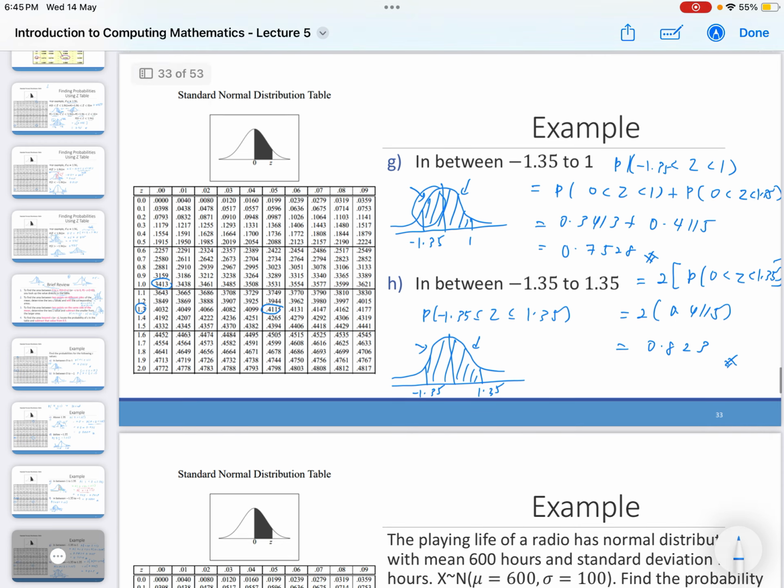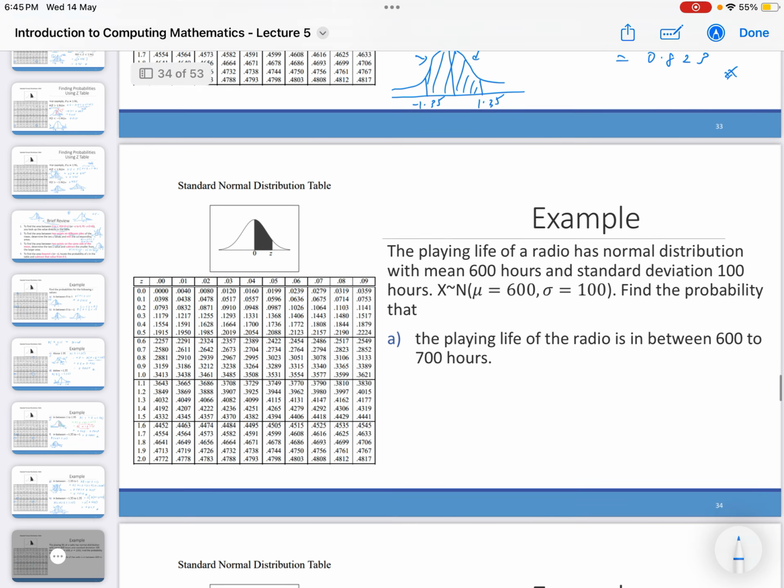Okay, let's look at an example. I just use the same example as before. The playing life of a radio has a normal distribution with mean 600 and standard deviation 100. Find the probability that the playing life of the radio is between 600 and 700.